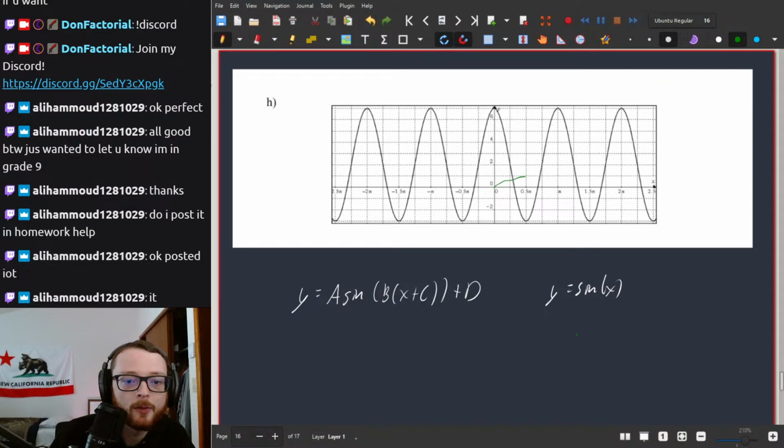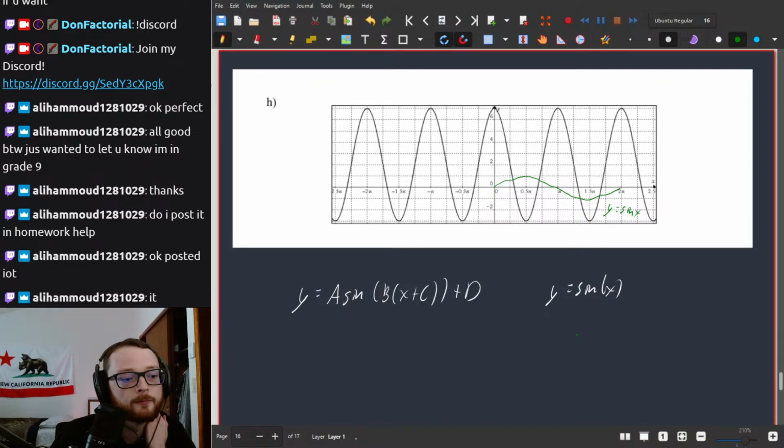It's going to look weird because of the scaling of these axes, but at pi, it'll be 0. At 3 pi over 2, it'll be -1. Then at 2 pi, it'll be back at 0. So that's one period for y equals sine of x.